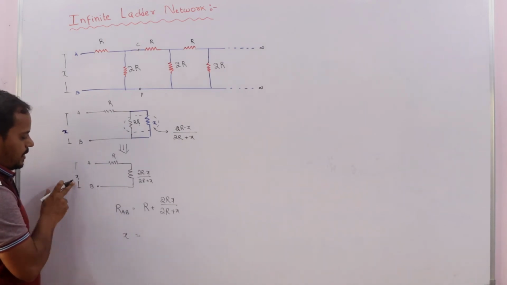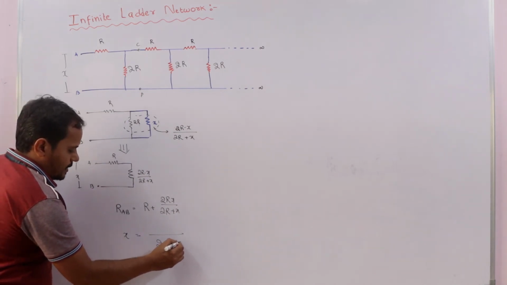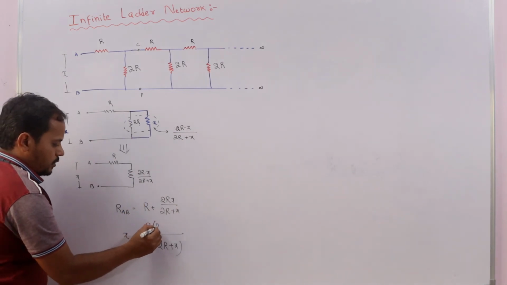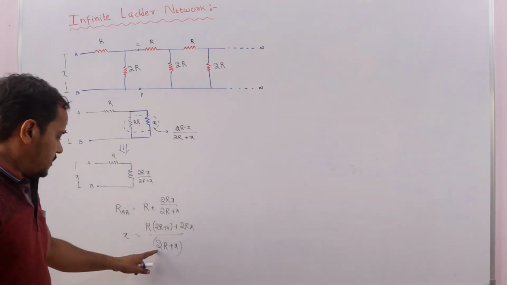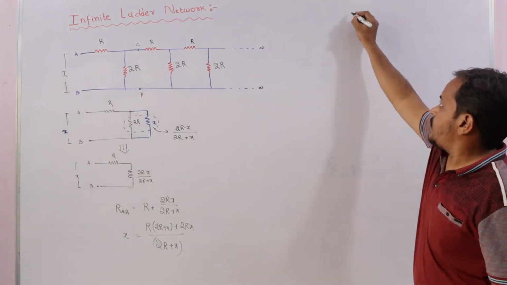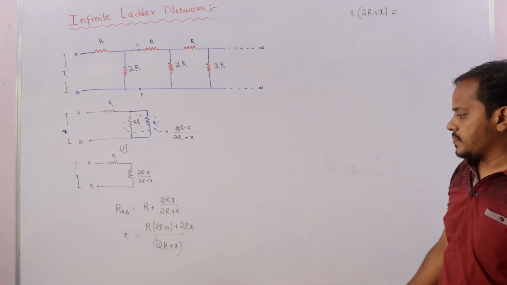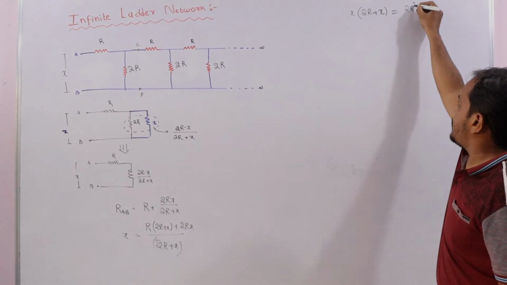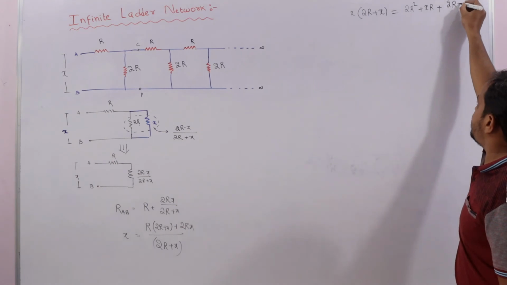So substituting RAB as X and simplifying, 2R plus X becomes the denominator, multiplied with R of 2R plus X plus 2RX. So 2R plus X is sent to the LHS. So X into 2R plus X is equal to, multiplying this R with this term, 2R square plus XR plus 2RX.